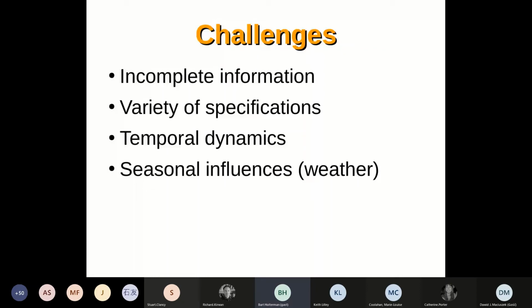A second challenge is the variety of specifications. If we stick to the example of the tolls, there might be all kinds of different types of tolls. There are, for example, import or export customs, which are levied on commodities. We have tolls that are levied on animals. We have transit tolls or road tolls that are levied on vehicles.